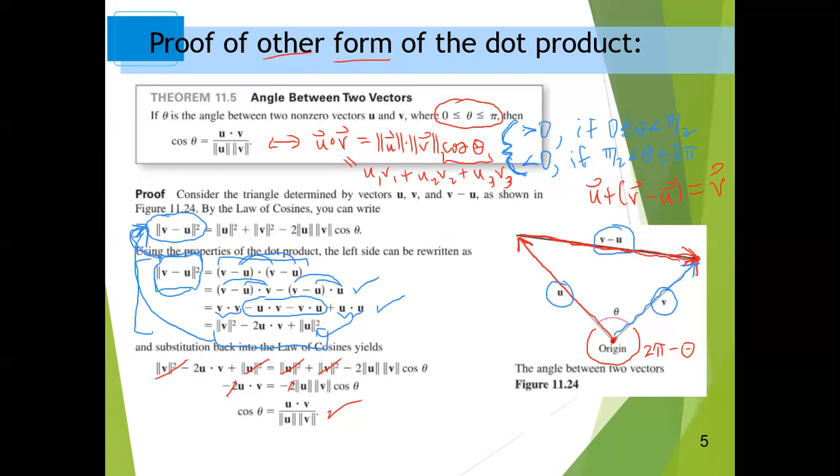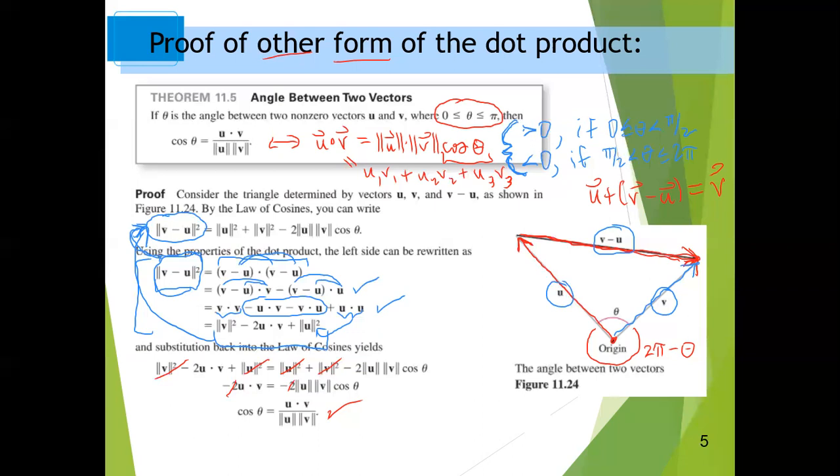The angle between them is 90 degrees. So the dot product also gives us a way of telling whether two vectors are, what's the word? Perpendicular, yeah? They're actually perpendicular to each other. Okay, any questions on this? What we just wrote down is pretty important here.